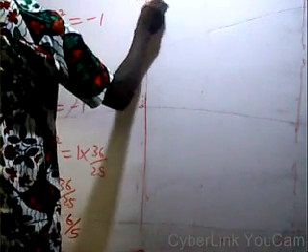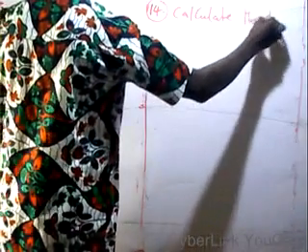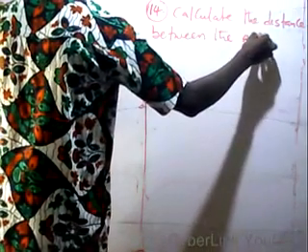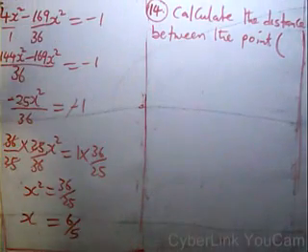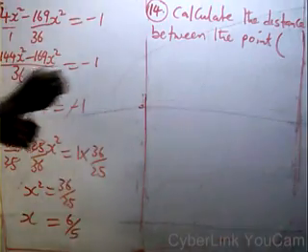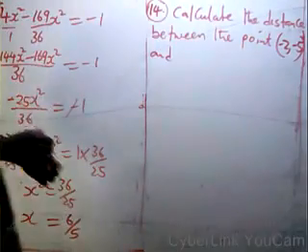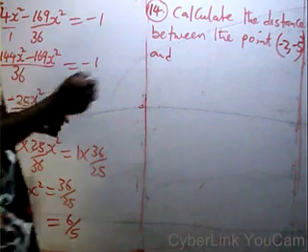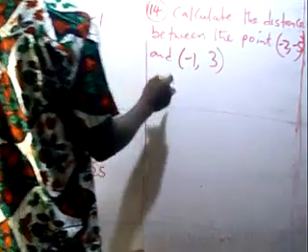Question 14 said, calculate the distance between the points, open the bracket, the point minus 2 and minus 5. That means x is minus 2, y is minus 5. And the other point, which is minus 1 and 3. You have to calculate the distance between the 2 points.